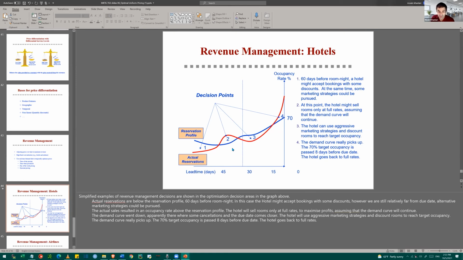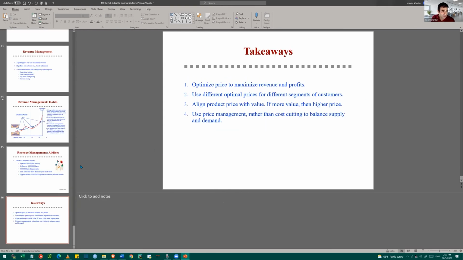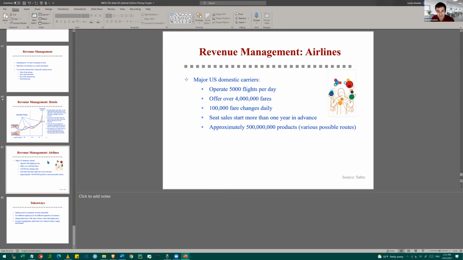Based on those profiles, they fluctuate the prices up and down until they achieve maximum occupancy. Airlines do that as well. There are a lot of flights on a daily basis, different combinations of routes. So again, those are managed by more sophisticated algorithms that optimize price in real time.